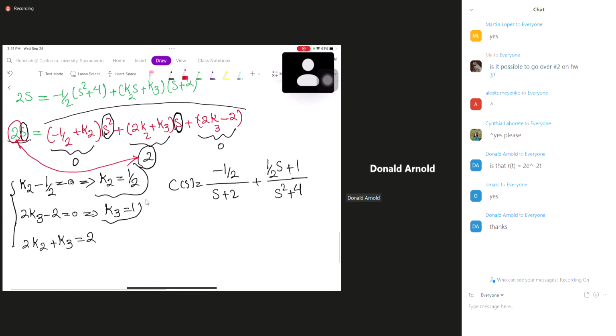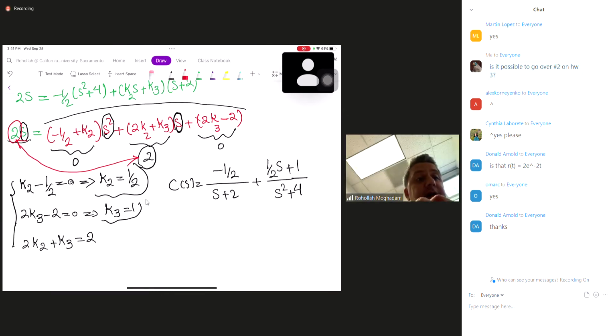This 2k2 plus k3 equals 2 because the coefficient of s on the left-hand side is 2. And in order to make these two polynomials equal, they have to have the same coefficients.